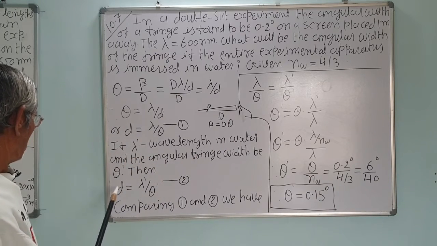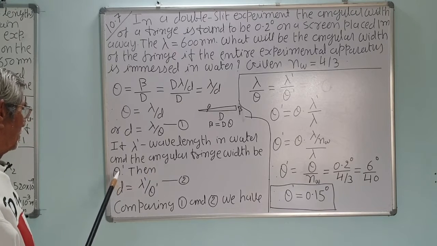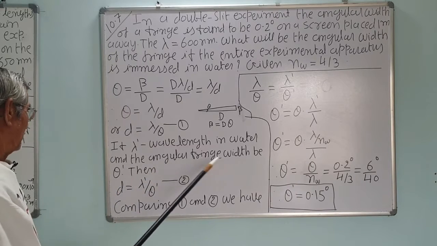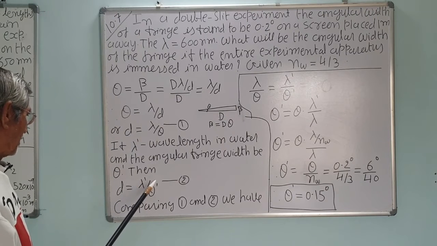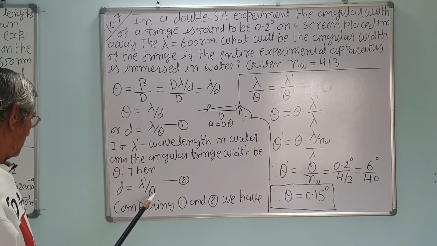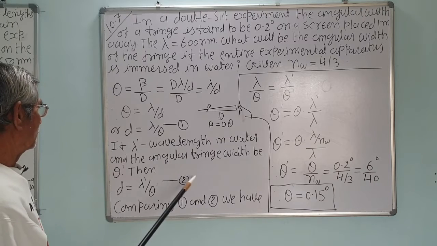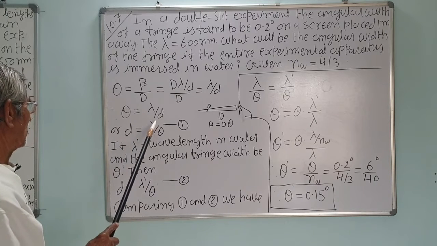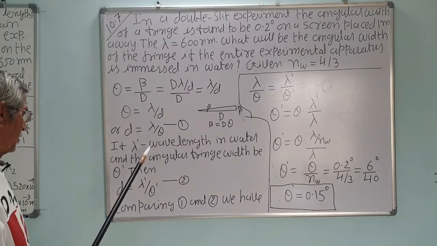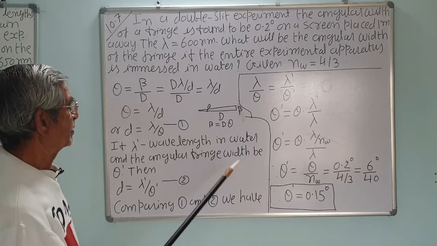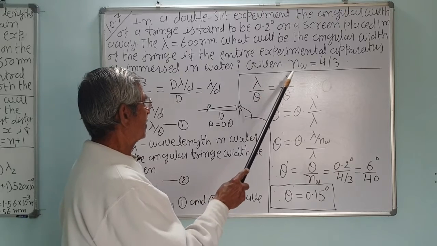Then when immersed in the water, say the angular fringe width is theta dash, then d is equal to lambda dash upon theta dash, correct? Comparing 1 and 2, d is equal to lambda by theta and d is equal to lambda dash upon theta dash. So lambda upon theta is lambda dash upon theta dash.